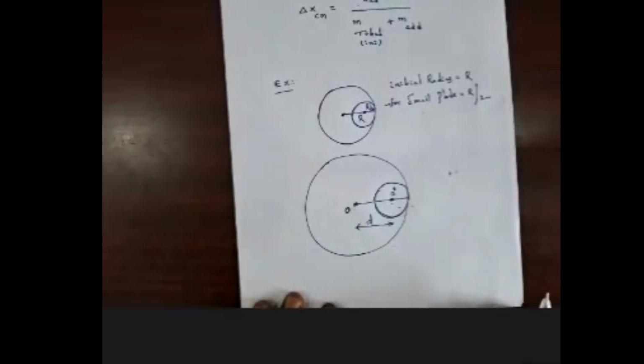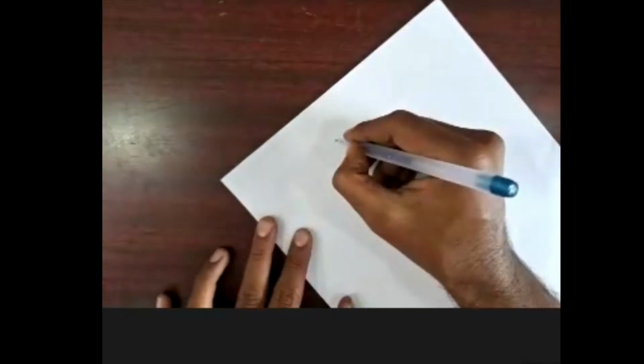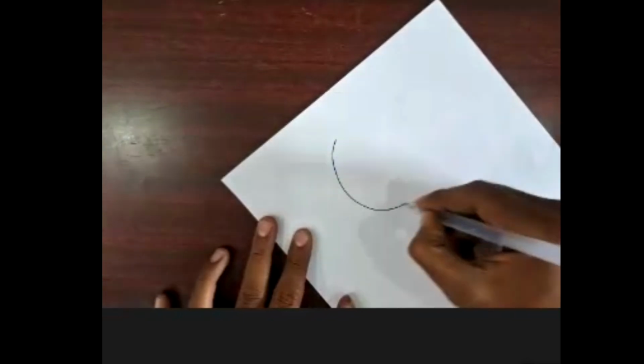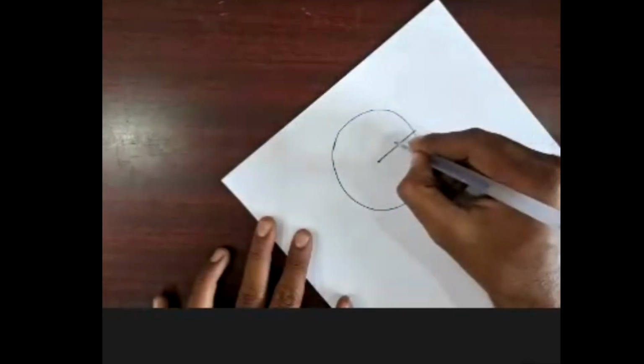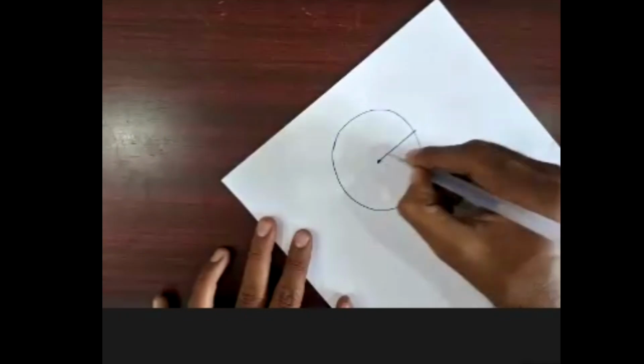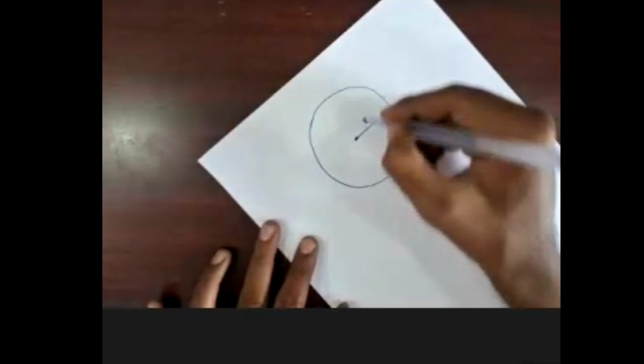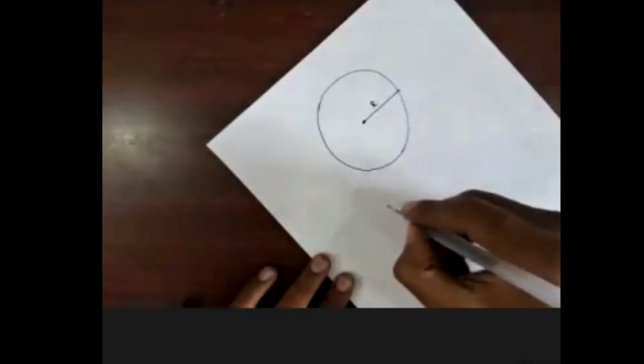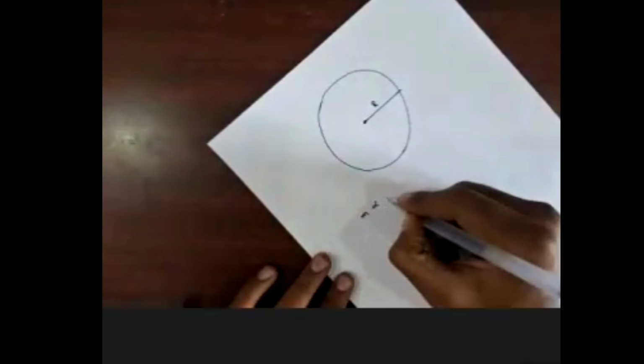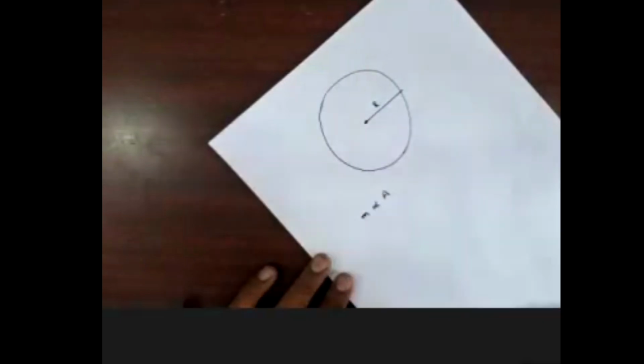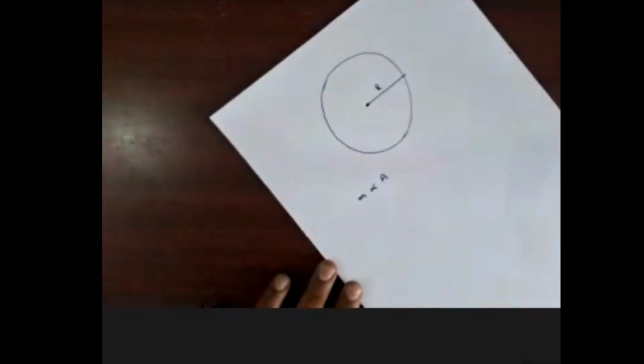Now I am taking one problem. Listen. This is a circular plate, and the radius is R. I don't know the mass of this circular plate at first, so I consider that mass is directly proportional to area.